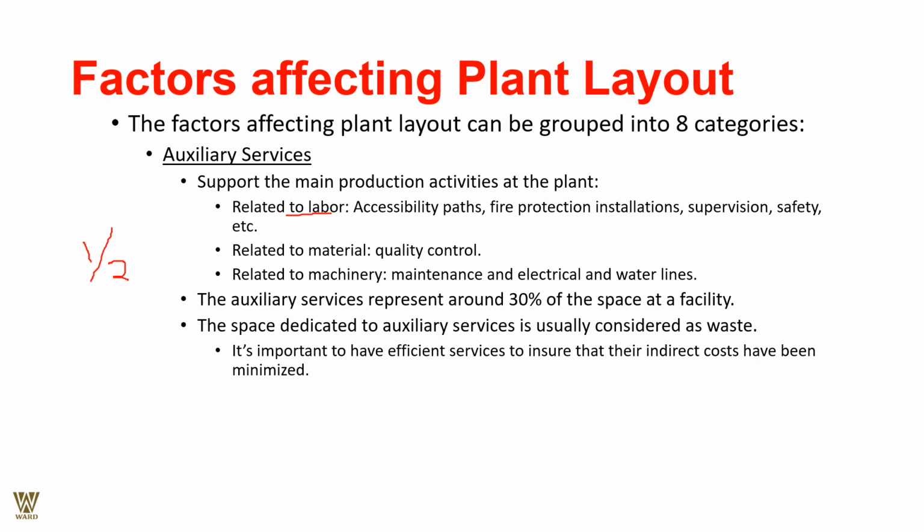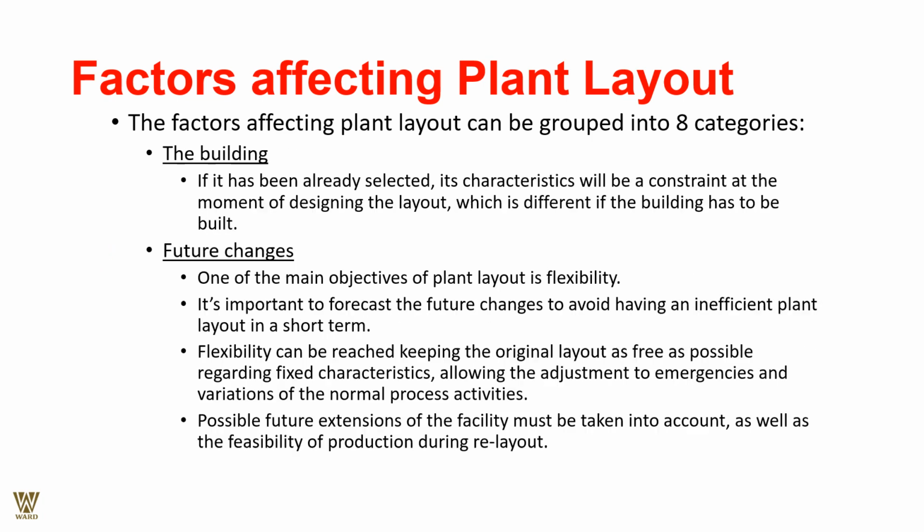One third, did I say? It is important to have efficient services to ensure that indirect costs are always minimized, and that can only be done with an auxiliary service, which gives you a buffer of safety for the labor, safety for the material, safety for the machine, and so on, in the longest run.